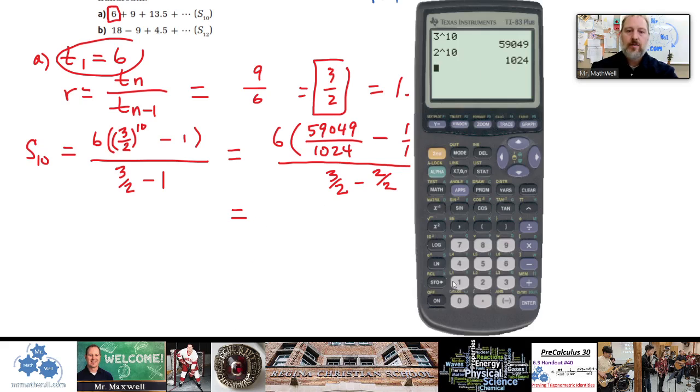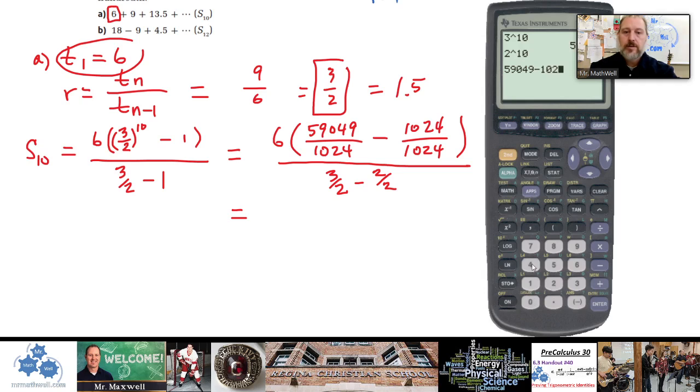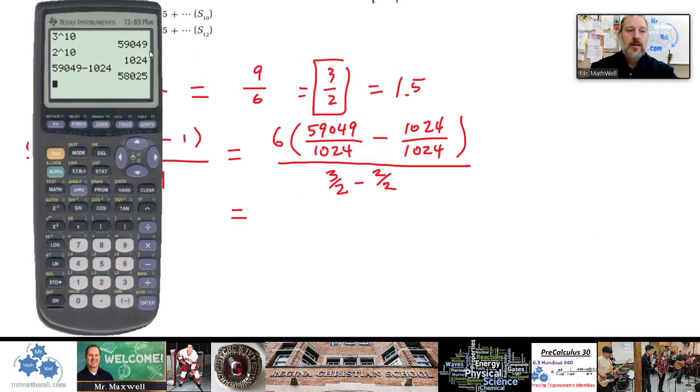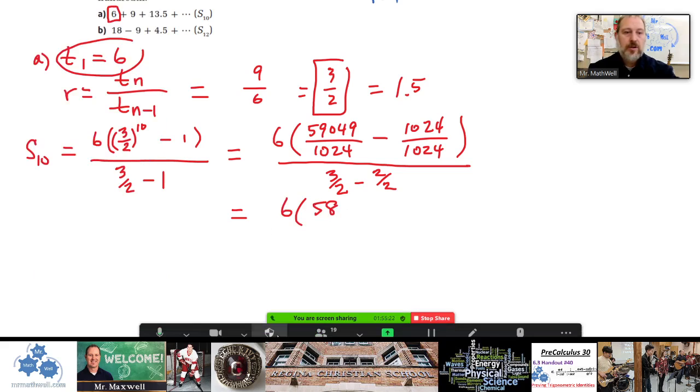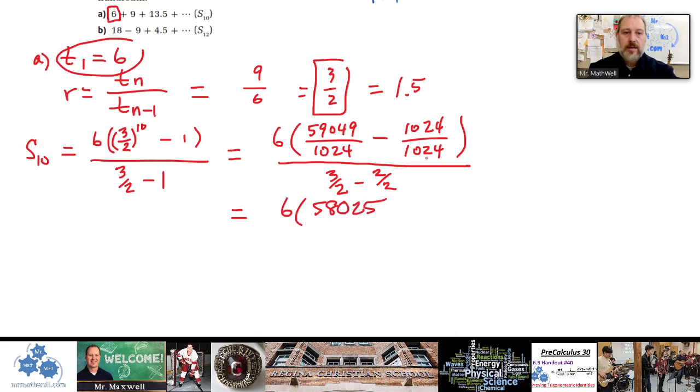So 59,049 minus 1024 is 58,025. So we're going to write the 6 again, times 58,025 over 1024.